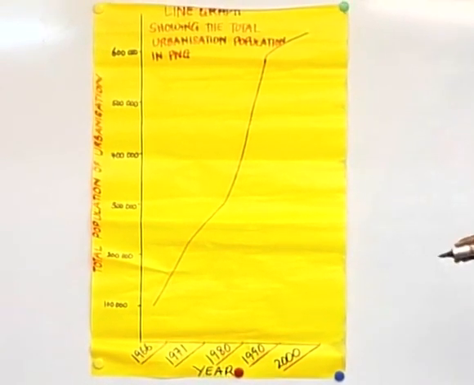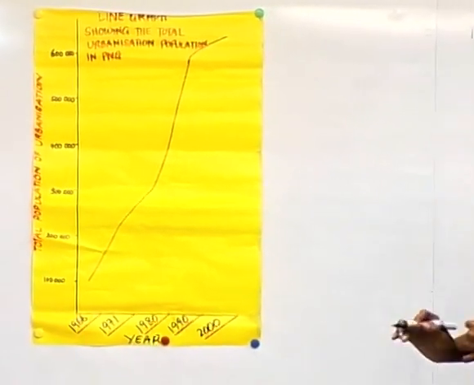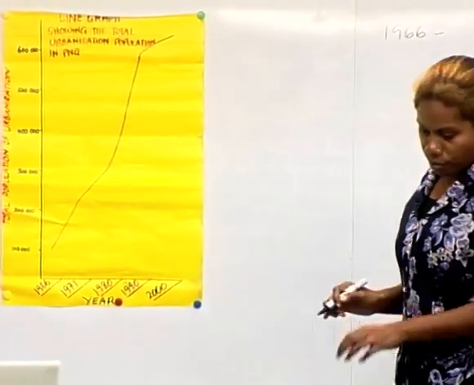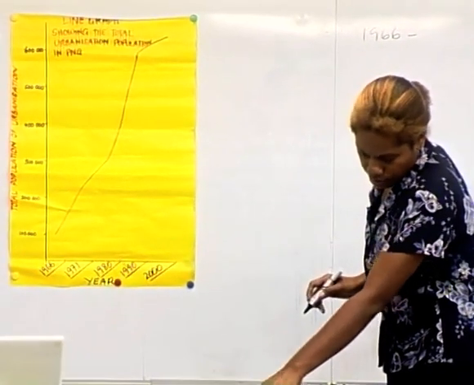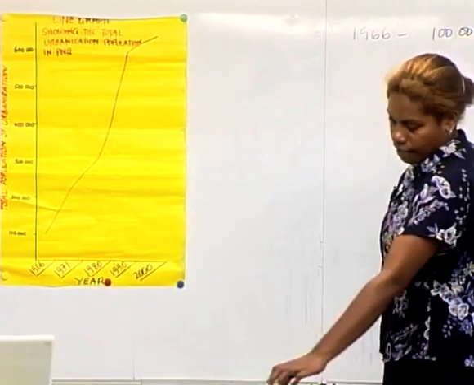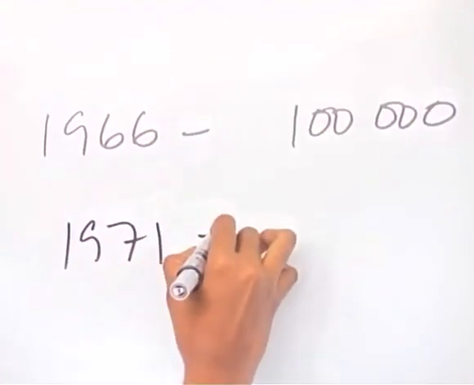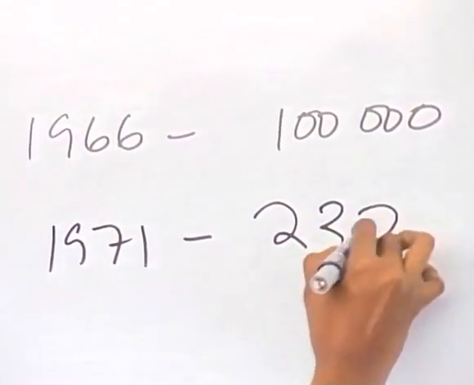All right, the data was given. In 1966, the population of urbanization was 100,000. For 1971, it was 232,000.